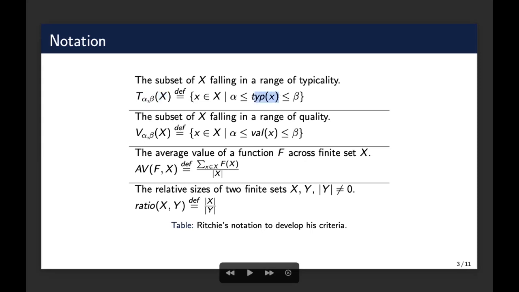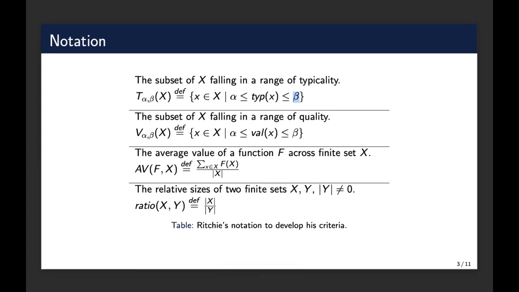We apply this typicality function to a given element in the set. So this is the element in the set we're testing. It belongs to this set, and we can assess the membership of this item that we are evaluating, based on that typicality and based on these alpha and beta values. Very similarly, we have the subset of X falling in a range of quality.